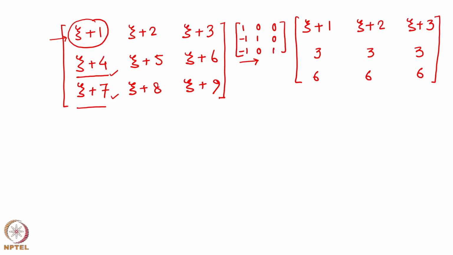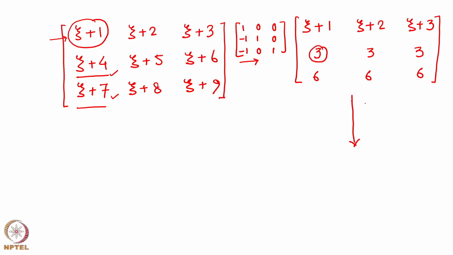Now you see, it's very simple. Once again, I will just do another row operation, and I will look at the entry with the least degree. It's actually not required, but I can bring the one with the least degree to the top.